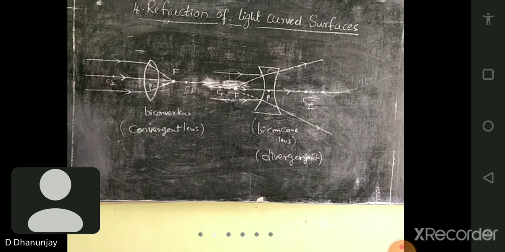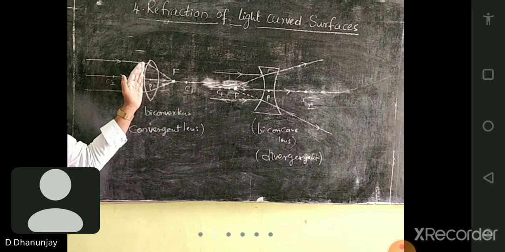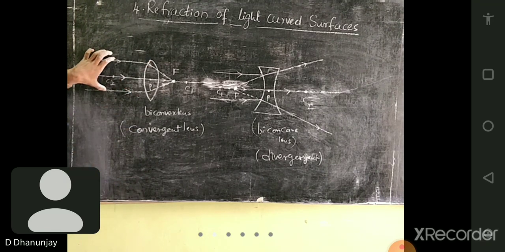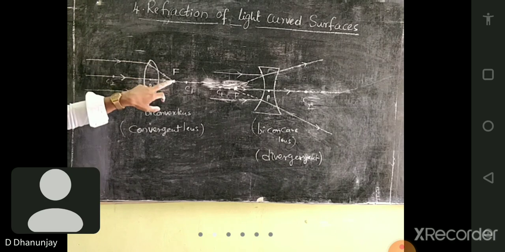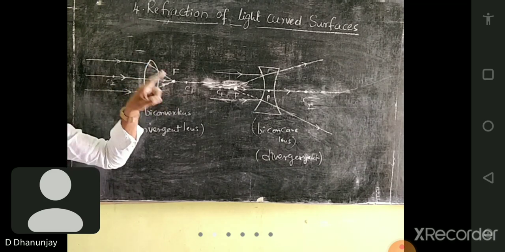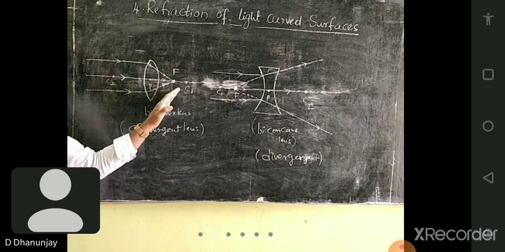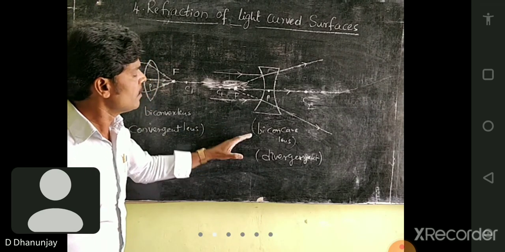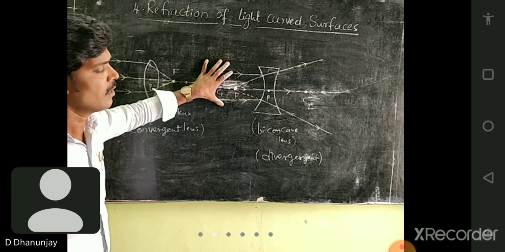For our understanding, I am taking only 3 rays coming from a distant object; 2 rays are parallel to the principal axis and 1 ray passes along the principal axis. After refraction, all these 3 rays meet at one point on the other side of the lens. That point is called focus.